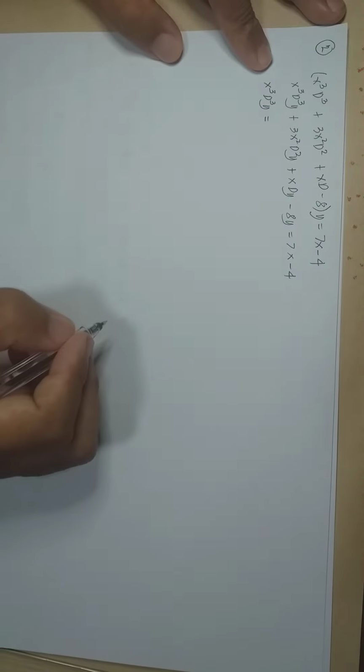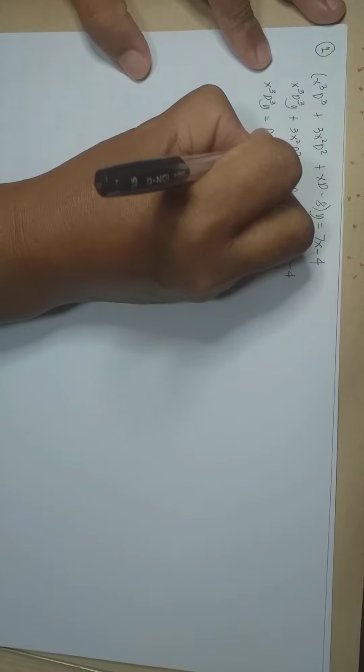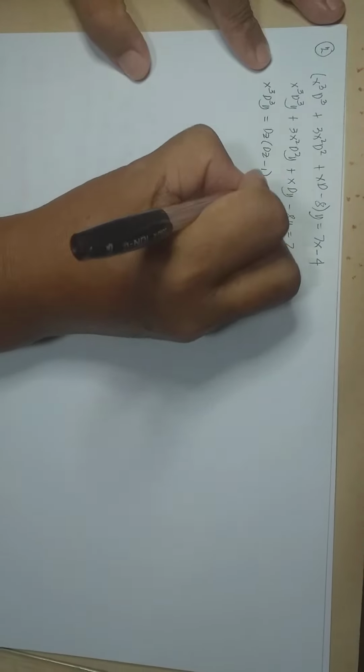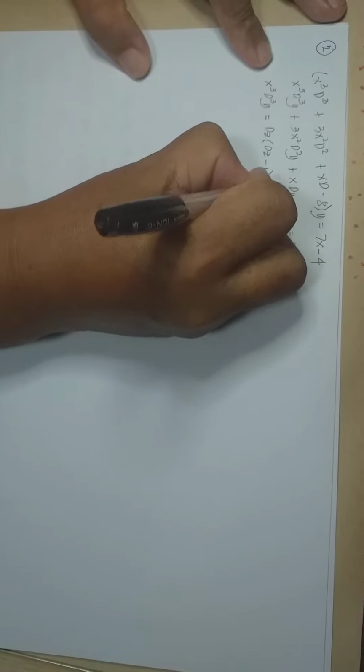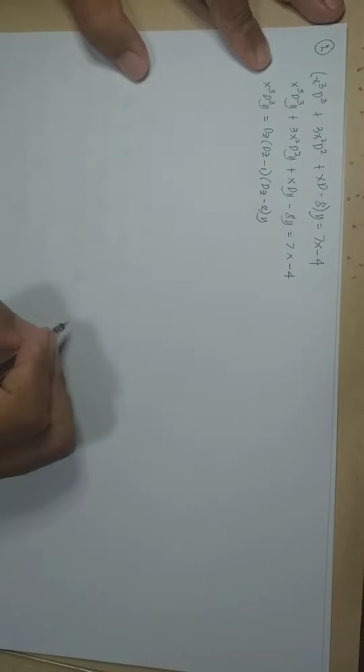That is equal to Dz times Dz minus 1 times Dz minus 2 y.